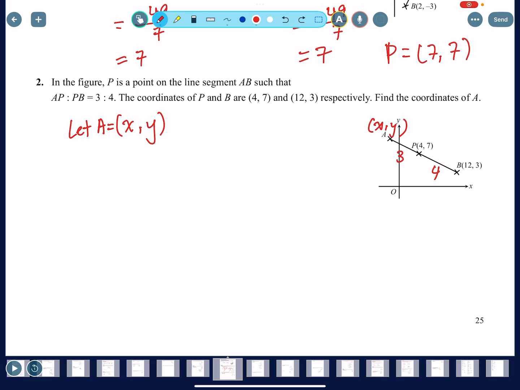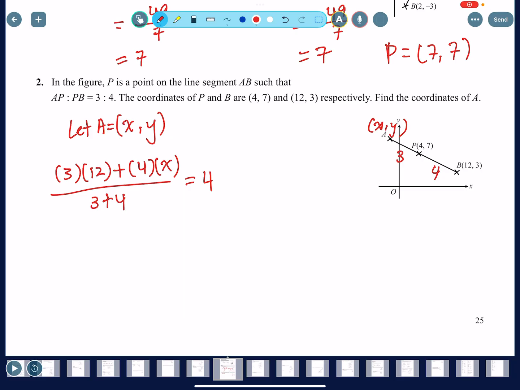So suppose I multiply 3 with 12, the opposite point. So 3 times 12 plus 4 multiplied to the opposite point, 4 times x, divided by 3 plus 4, the ratio added together. Suppose this is equal to P, which is the x coordinate 4.